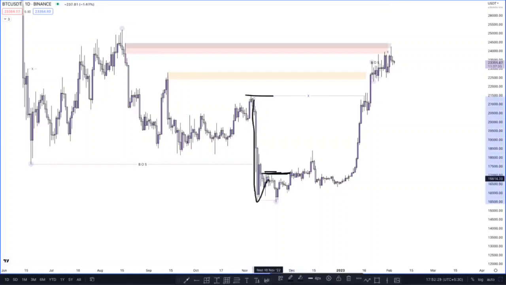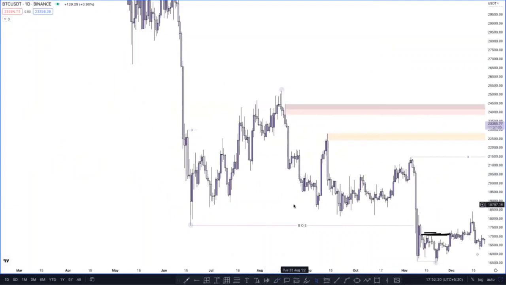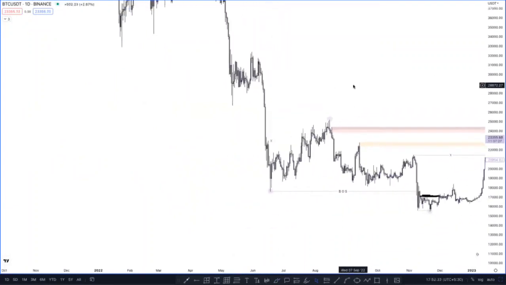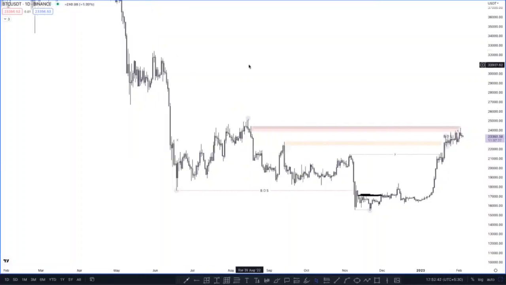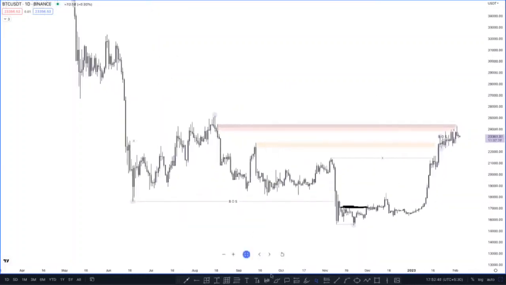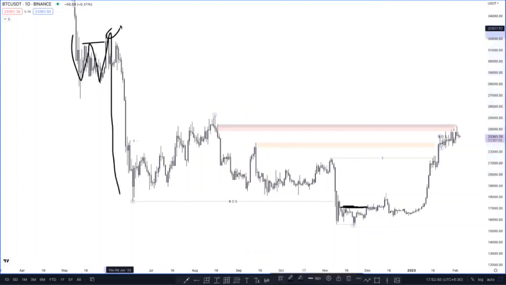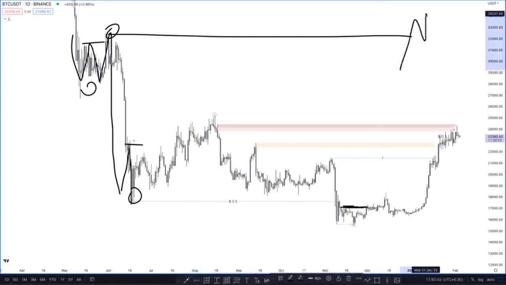Major inducement means larger range. If you see just previous here, what is this? This is a minor, right? Major is here. Major means which has already taken out internal inducement or anything like this. Like this one, right? So this is a major and this is a small pullback. This is a minor, but we use minor and major to confirm the higher high and higher low. For the entry, major is high probability like this.